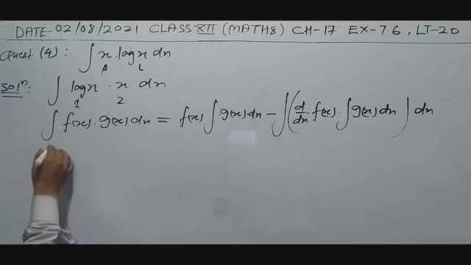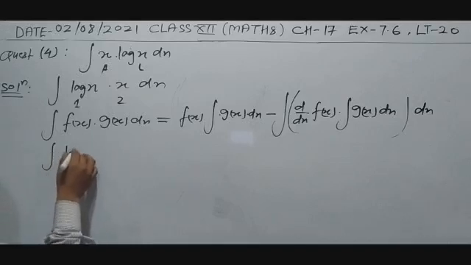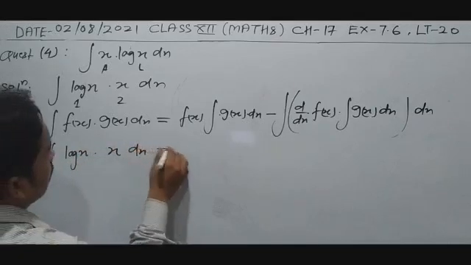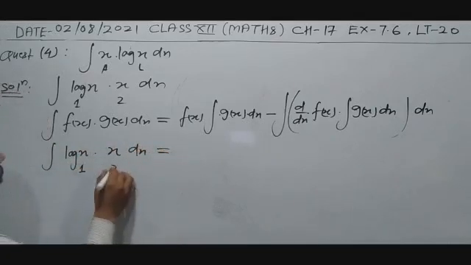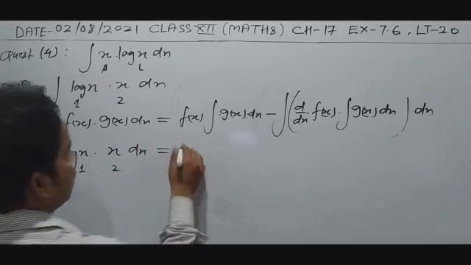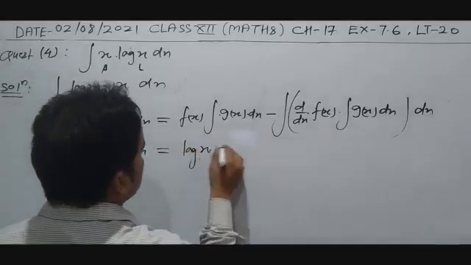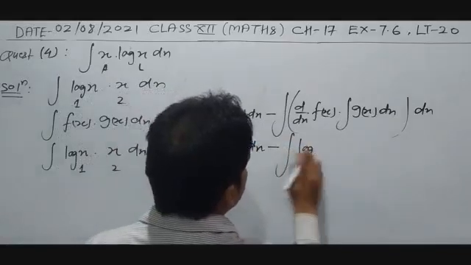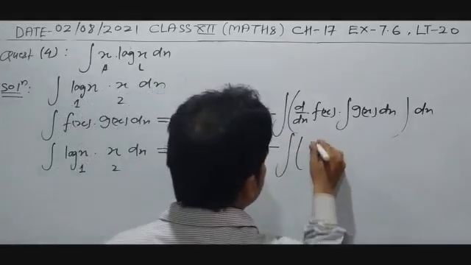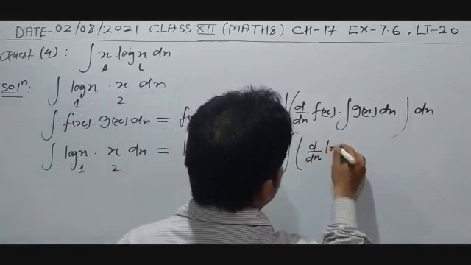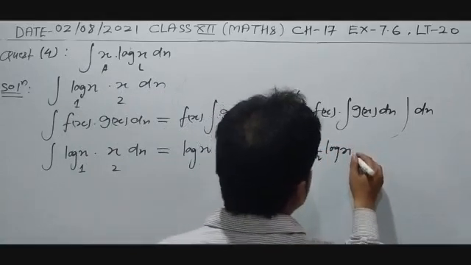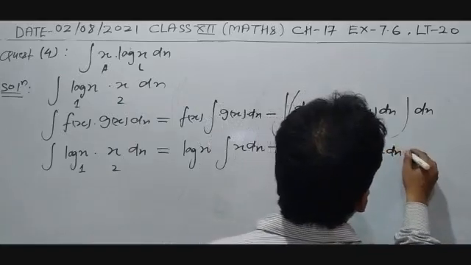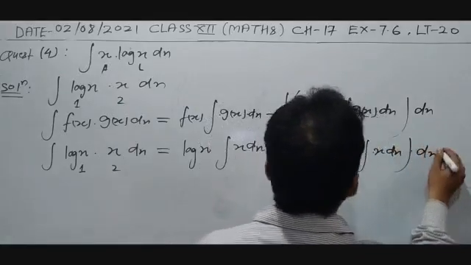Now you will write log of x times x dx. This is the first, this is the second. So first function into integration of x dx, minus integration of d by dx of log x into integration of x times dx, whole dx.